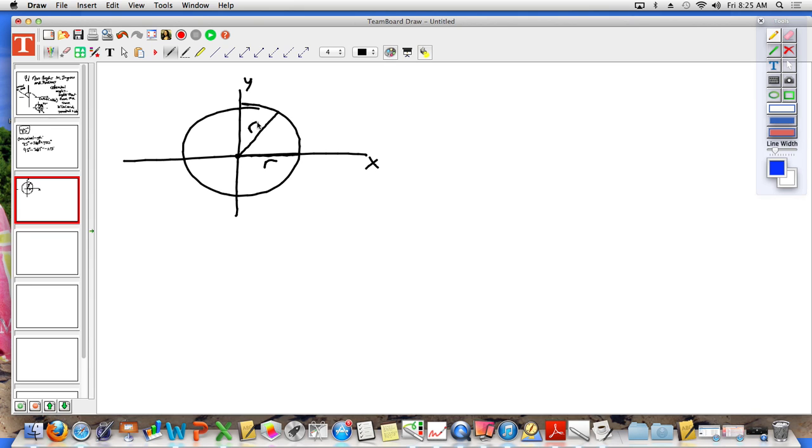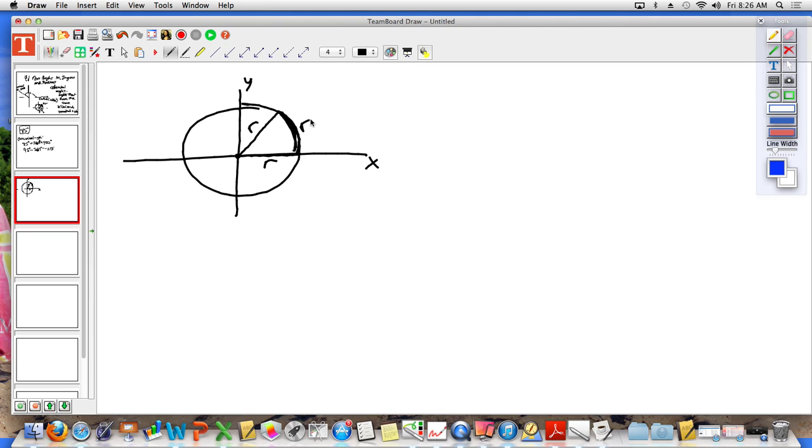All right, so we have a radius, we have another radius, and I purposely drew that second radius right there because I wanted it to look like this arc that I've created is also the same length as the 2 radii that I just drew.